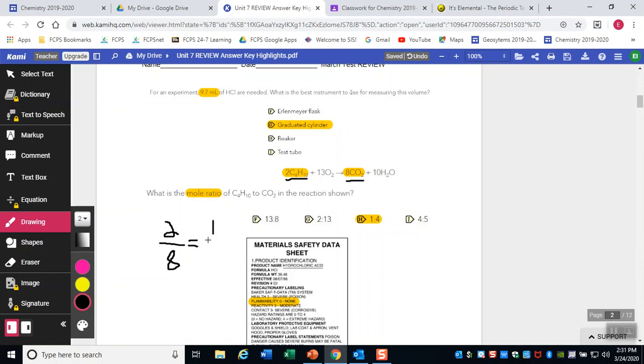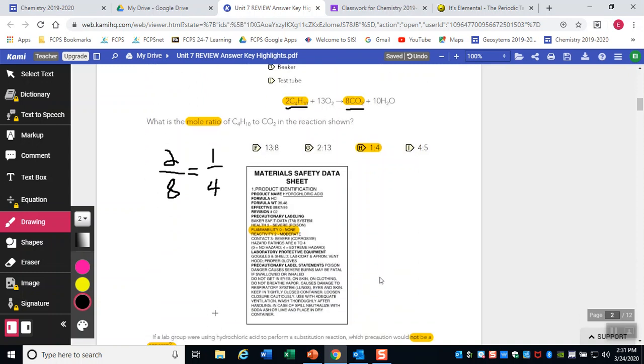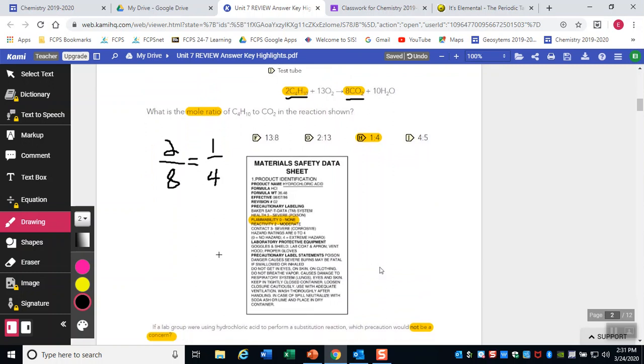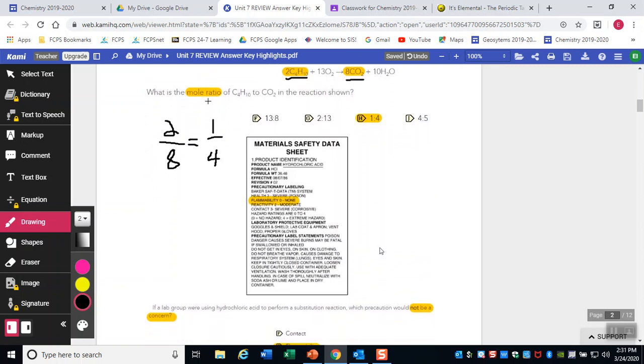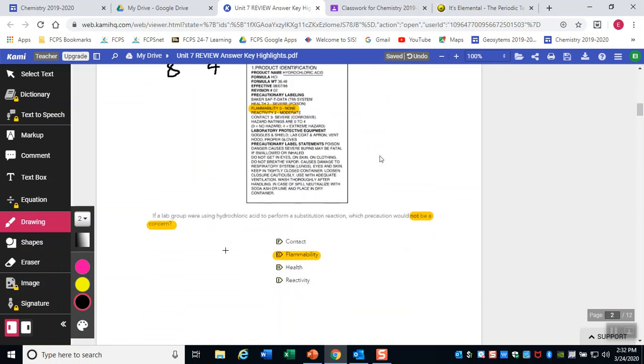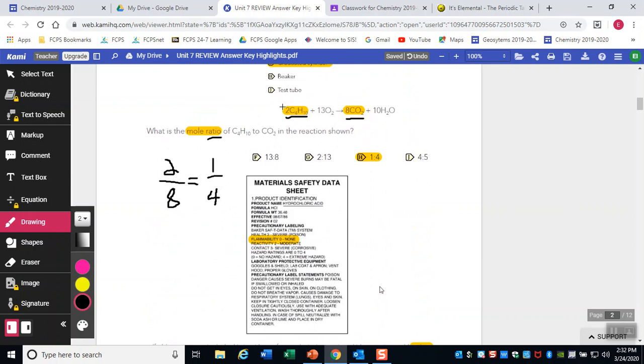So that comes down to 1 to 4. 2 divided by 2 is 1. 8 divided by 2 is 4. Remember, ratios are always reduced. And the moles are the coefficients in front, the 2 and the 8.